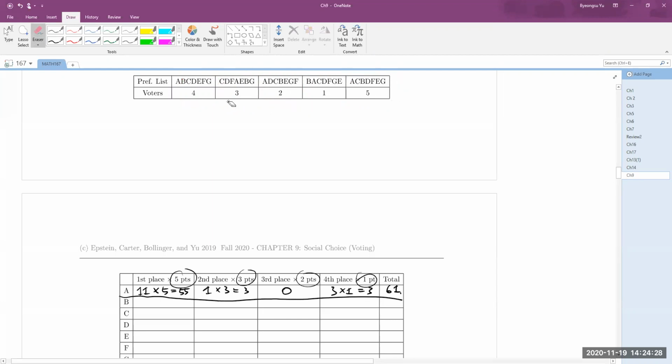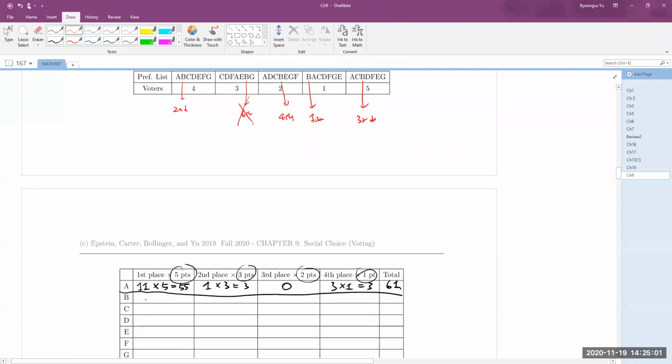Okay, likewise, you can do the same thing for B. So here, for the first preference list, B is in the second place. And for the second one, B is in the sixth place, so we don't need to care about this. And in the third one, B is in the fourth place. And in the first one, B is in the first place. And the last one, B is in the third place.